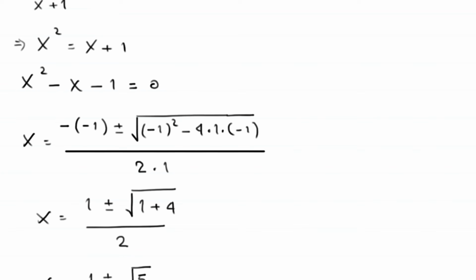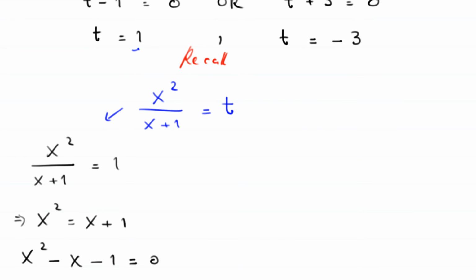Now we solve the second case when t is negative 3. So this will become x squared divided by x plus 1 is equal to negative 3.